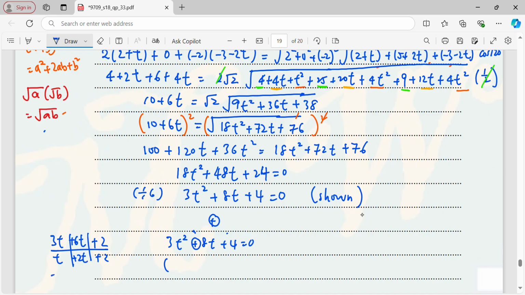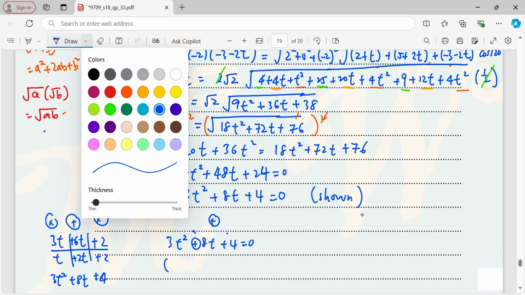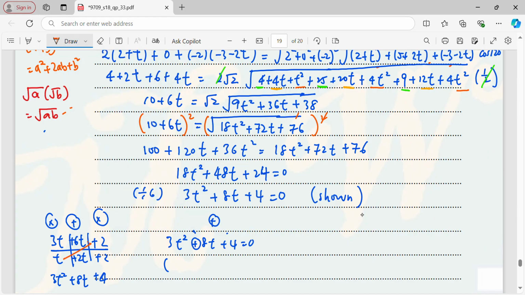So then you will be getting 3t squared for the first term, and the third column, when you multiply, it will be plus 4. Second column you plus, these two you times. So 6t plus 2t is 8t. Now your factors, you just cross multiply. This is how we factorize it.